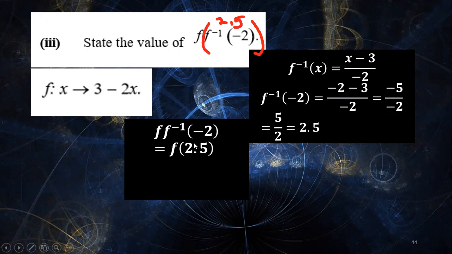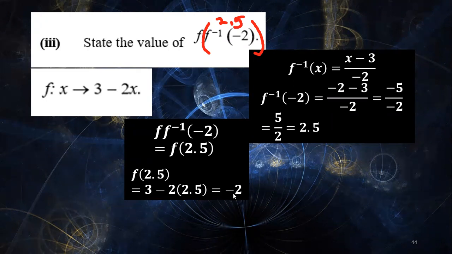I'm going to place the 2.5 into this function here. So f of 2.5 is equal to 3 minus 2 multiplied by 2.5, which gives me -2. So it's 3 take away 2 multiplied by 2.5. When you put that in the calculator, you will get -2. Okay, any questions here?